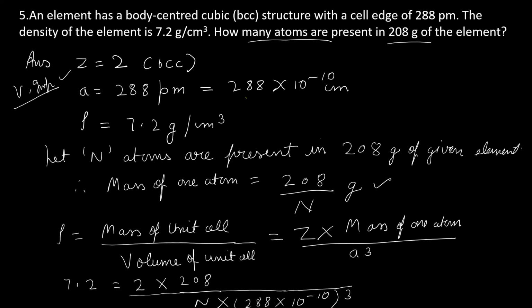When you solve it, then you get the value of n. The answer comes out to be 2.416 into 10 raised to power 24 atoms. So this is the answer. All of you can do it yourself and then check whether your answer is the same as 2.416 into 10 raised to power 24.